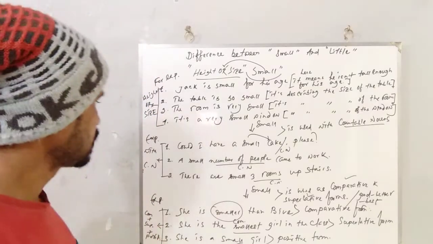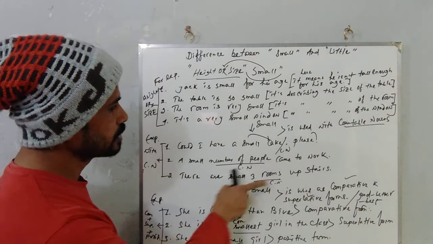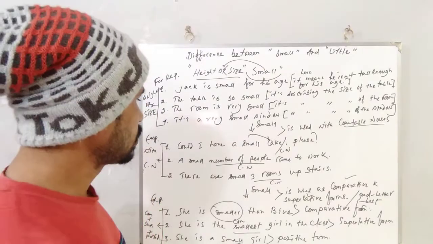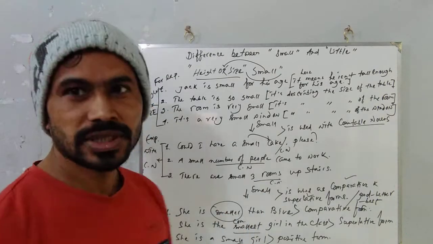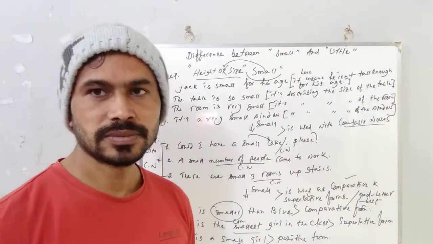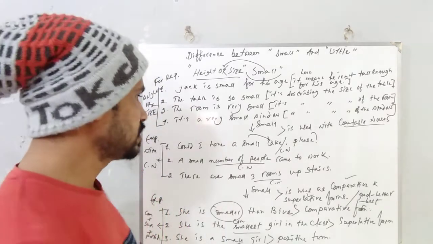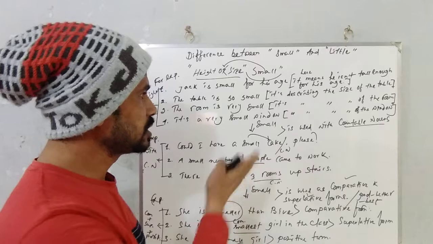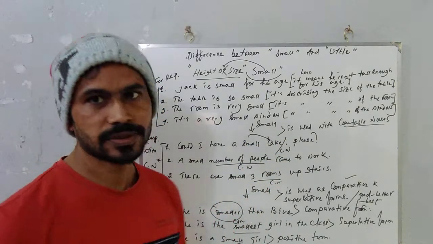Remember it. Number three, there are three small rooms upstairs. Three rooms you can count, it's also a countable noun, so small is used with countable nouns.